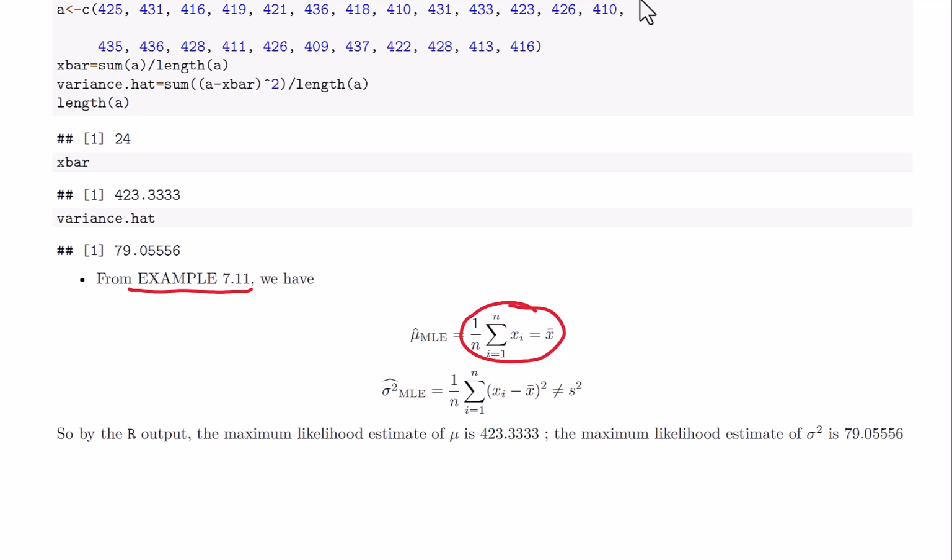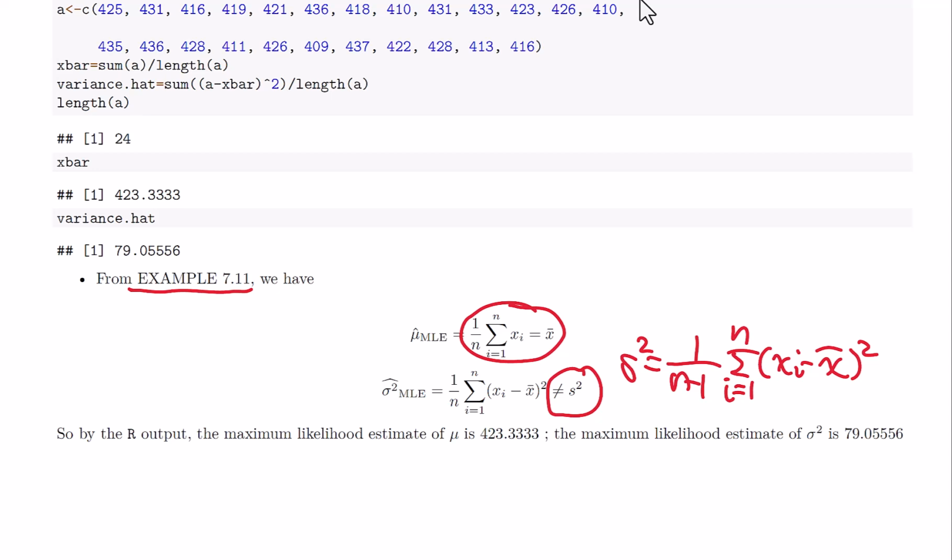But note this is not equal to the sample variance, because the sample variance is defined with 1 over n minus 1. Here you do not need to prove it. You can just use this result directly. In the exam I may ask you to prove it, but for this homework you don't need to.